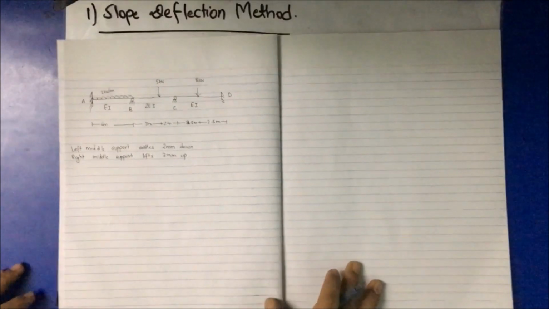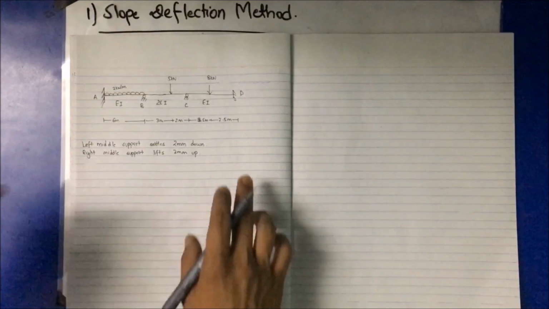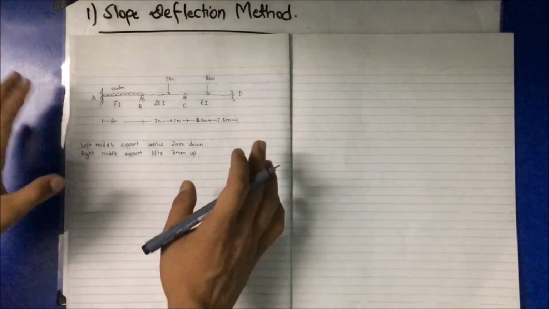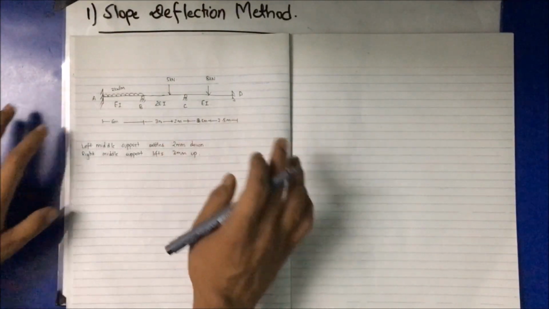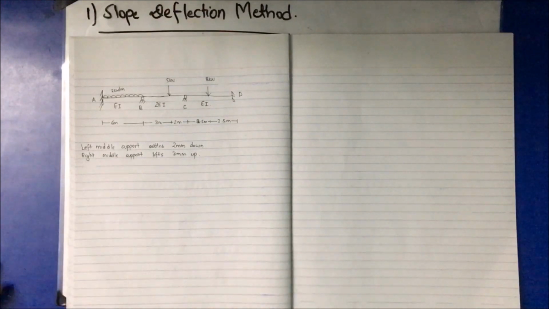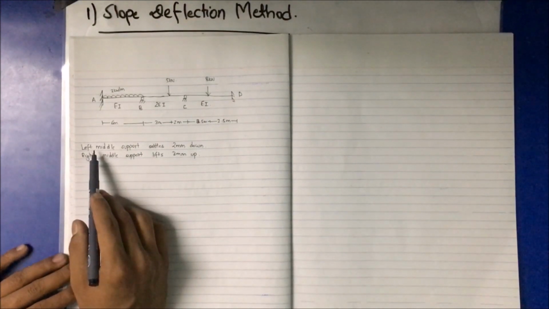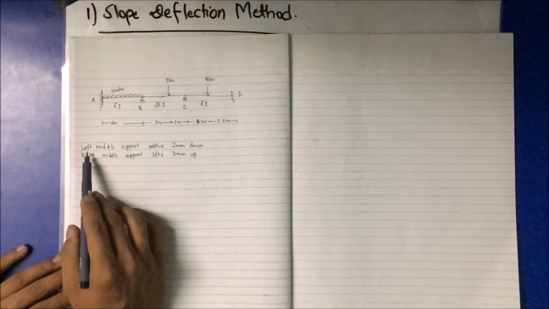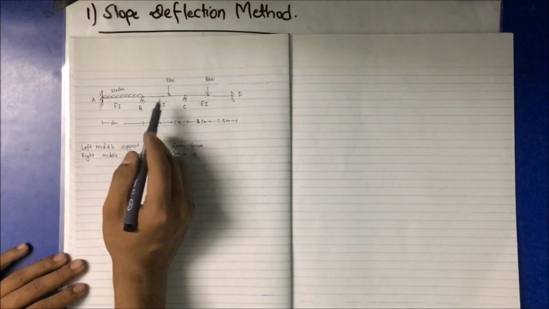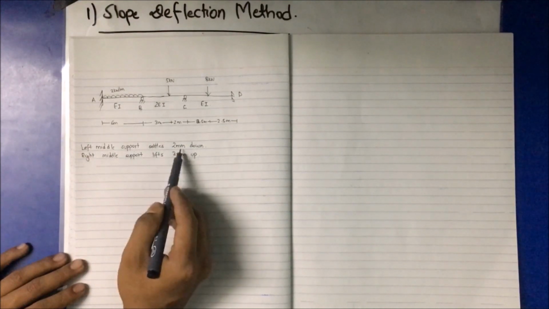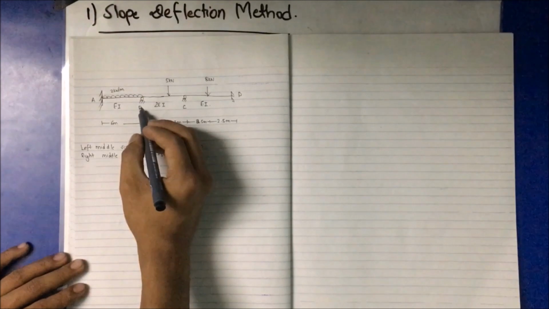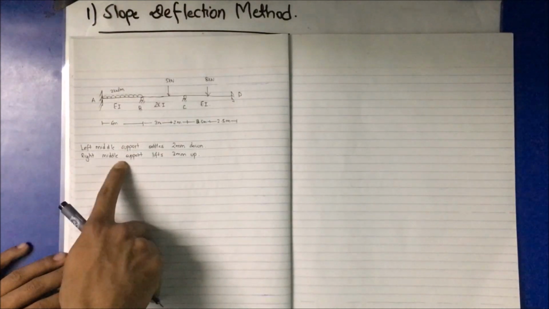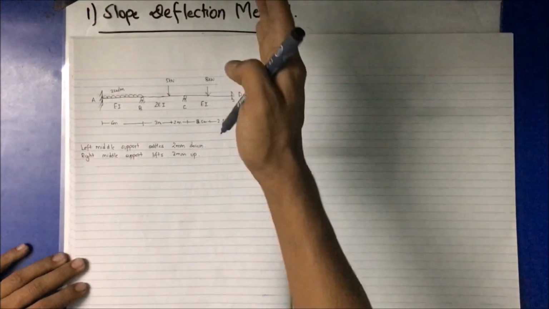So this is the question for the slope deflection method. You are provided with a 3-span continuous beam, and also the condition of displacement: the left middle support B settles 2 mm downward, and the right middle support C lifts 3 mm up.